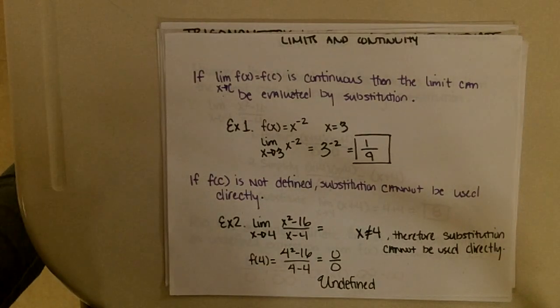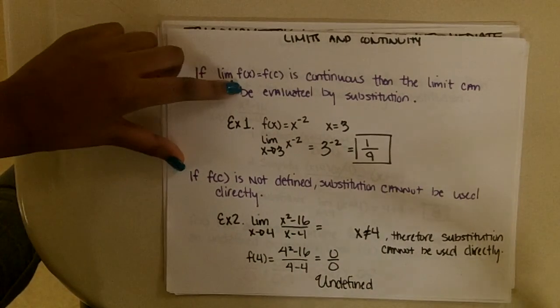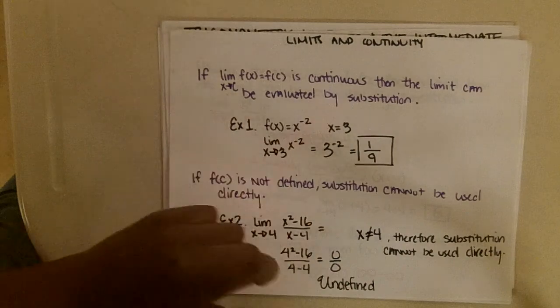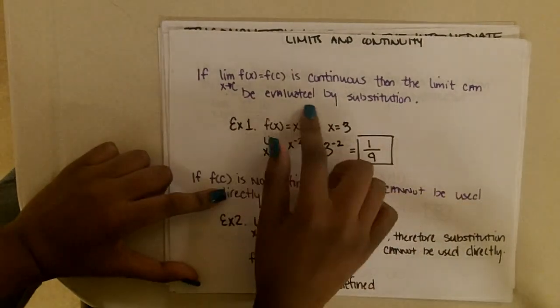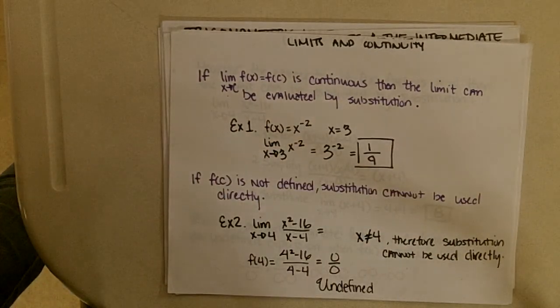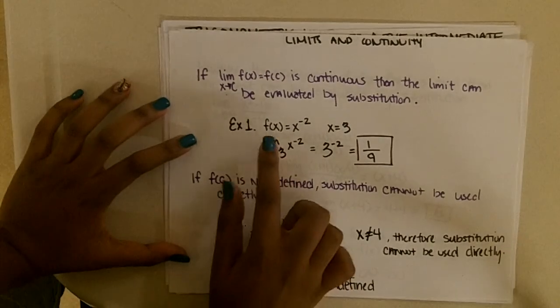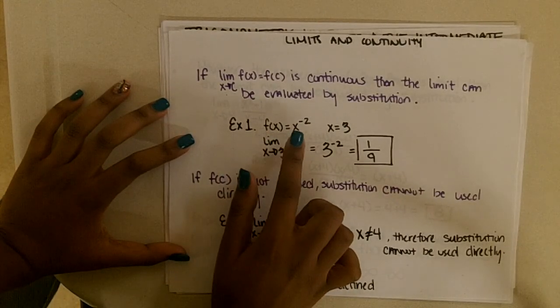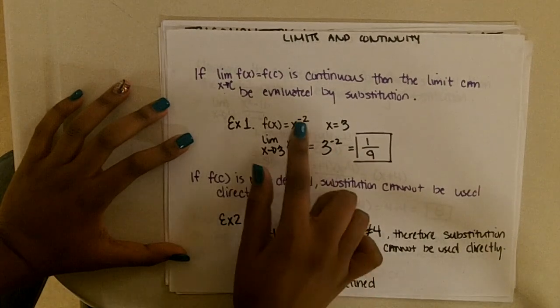Now, we will algebraically evaluate a continuous function. If the limit of f of x as x approaches c equals f of c, then f is continuous, and the limit can be evaluated by substitution. For example, the function f of x equals x to the negative 2 power.